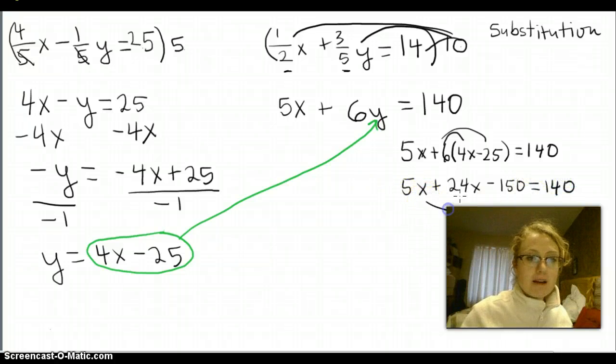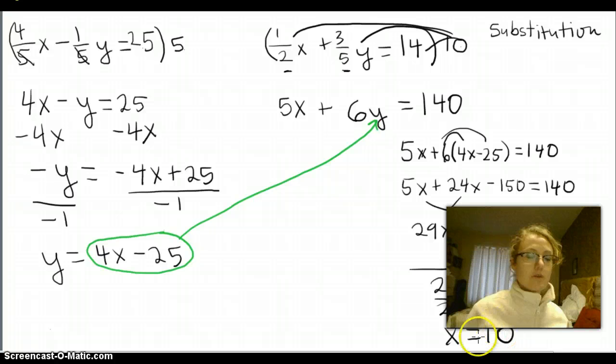Now I can combine my like terms, and I get that 29x minus 150 is equal to 140. If I add 150 to both sides, I get that 29x equals 290, which is pretty convenient because that leaves us with a whole number answer for x. X is equal to 10.